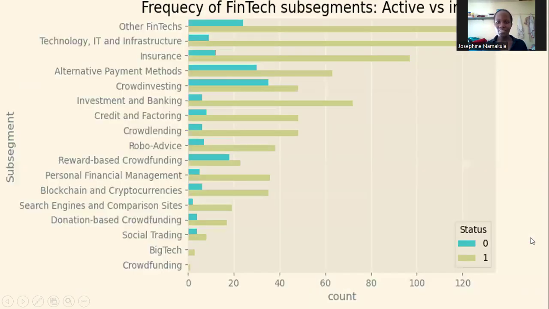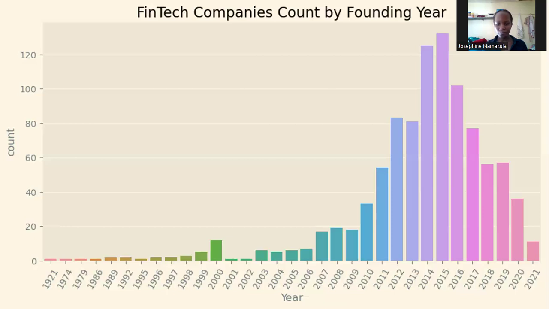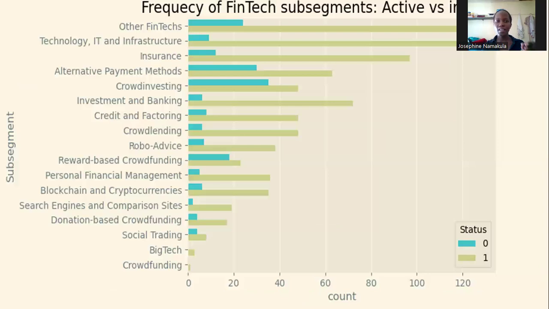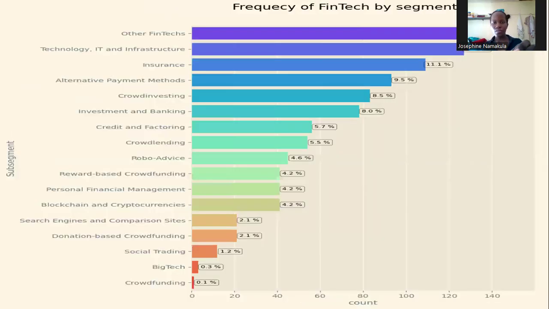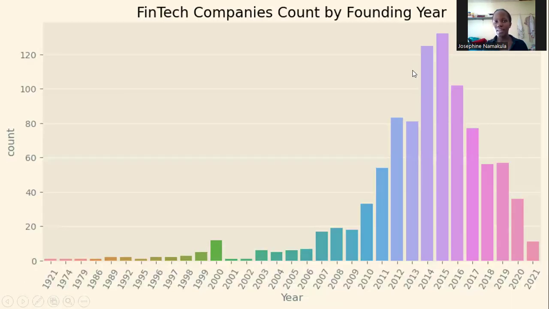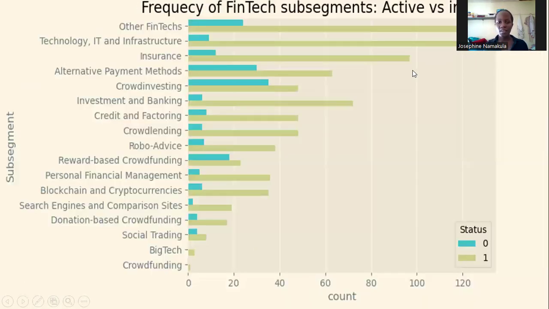So when I move to the next slide, I find frequency of fintech sub-segments. These ones were companies by founding year, but these were sub-segments. And here there was fintech we had segments, and we also had sub-segments in the data set. And we can see here other fintechs.